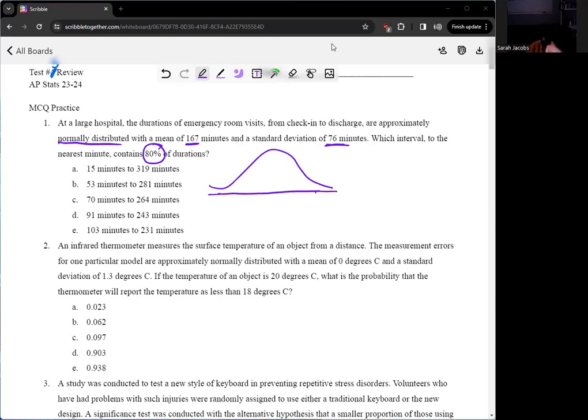So, we want, with a mean of 167 minutes, 80% of our data to be contained here. So even though this seems a little bit like a confidence interval, it's actually not.